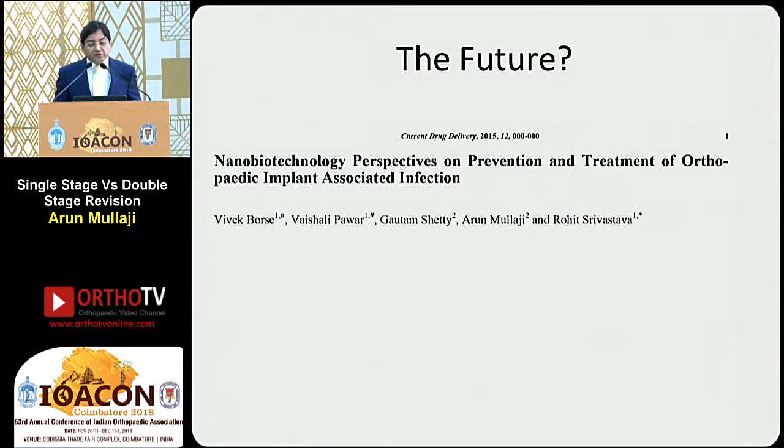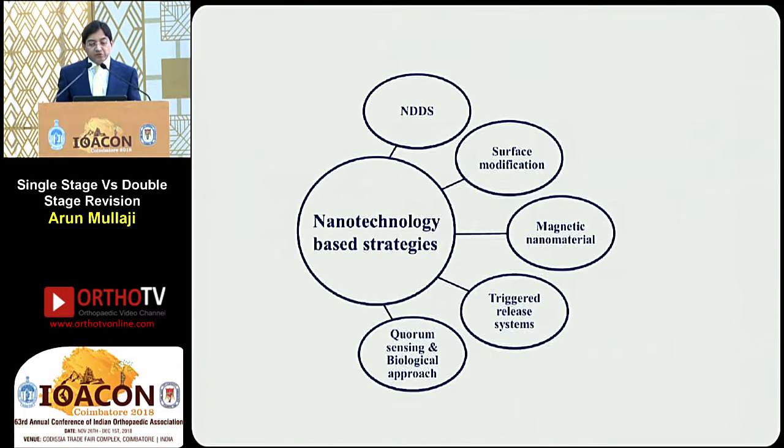And if you're interested, this is one of our papers where we reviewed the subject. And there's several strategies based on the use of nanotechnology. You can use novel delivery systems, modify the surface to repel the bacteria, use magnetic nanomaterials, quorum sensing, etc.